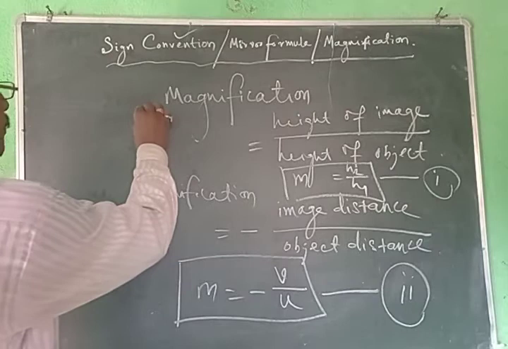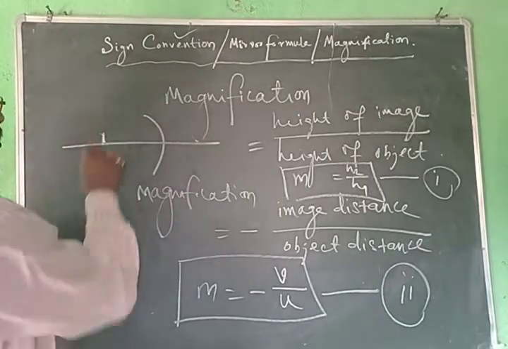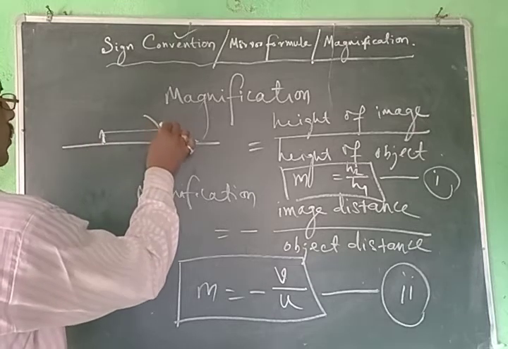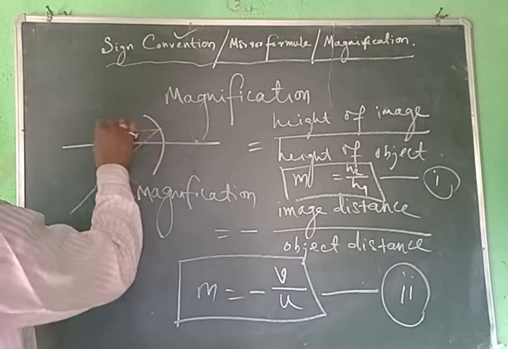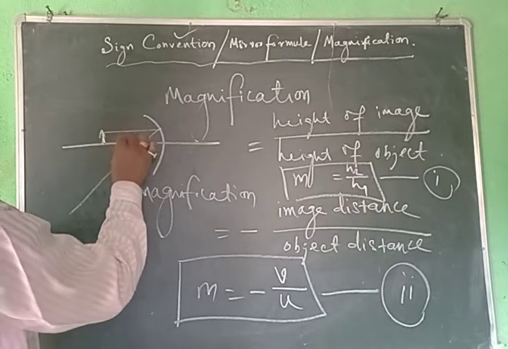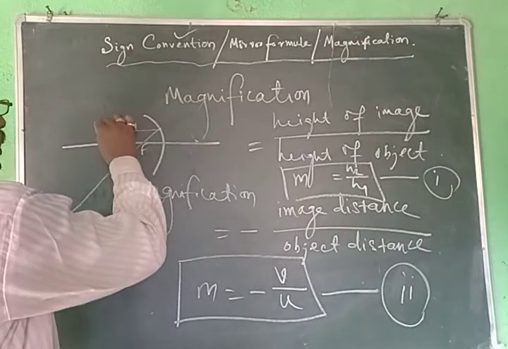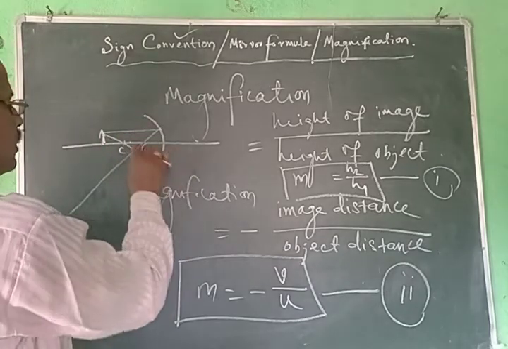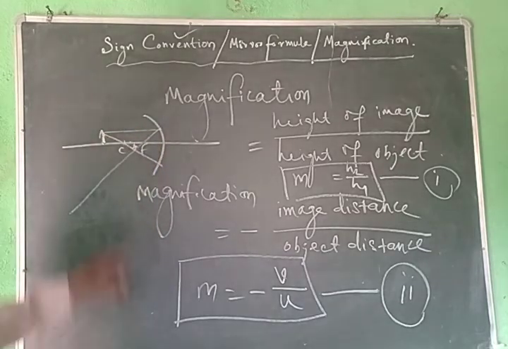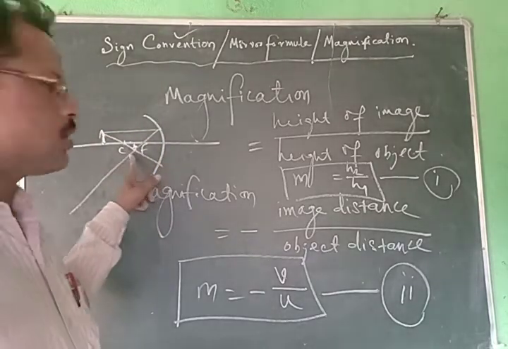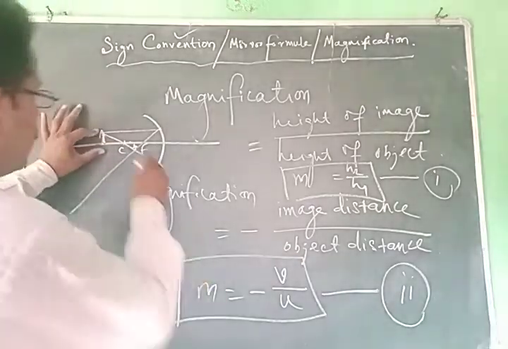Suppose this is the image, this is the object, and this is C, this is F. Here the image is produced, then this is called the object distance.